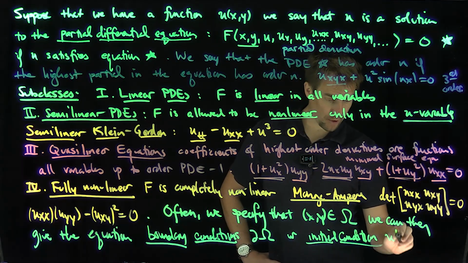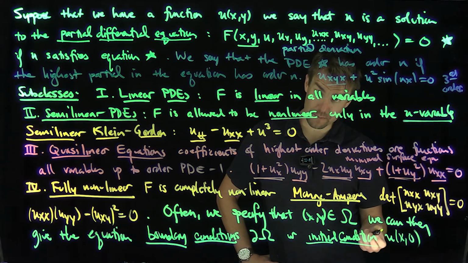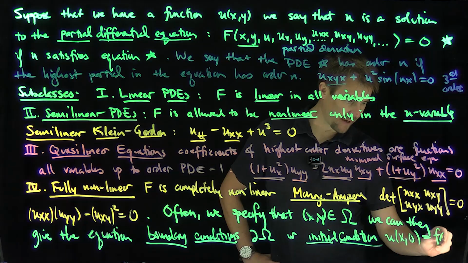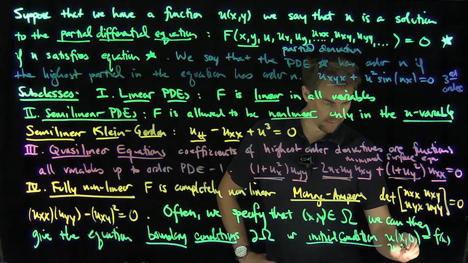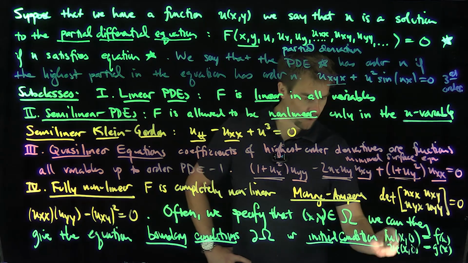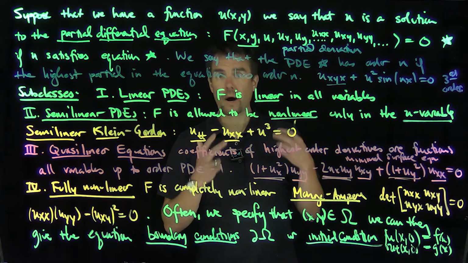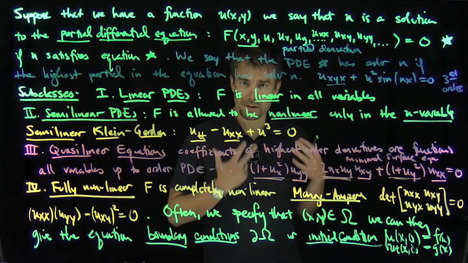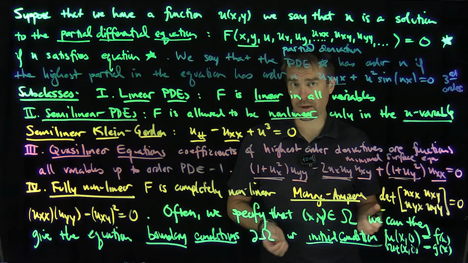That might be saying u of x and 0 at time 0, you might be given some function f of x, you might be given some time derivative at x0, might be some other function g of x, and you might be given more and more initial conditions. The higher the order is, the more conditions you're going to need to uniquely solve the PDE, right?